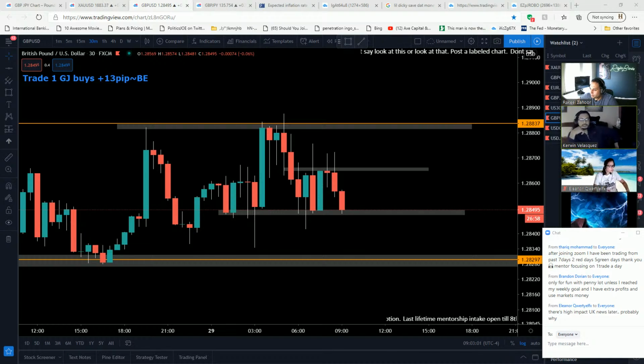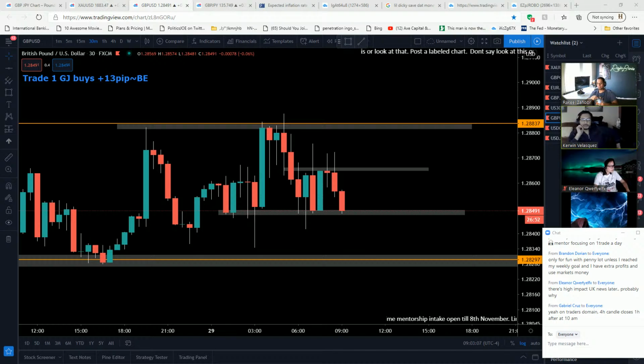For example, Traders Domain daily close is at 8 p.m. Traders Way and a lot of other brokers close at 5 p.m. So you have a big difference in daily candles from one broker to another.